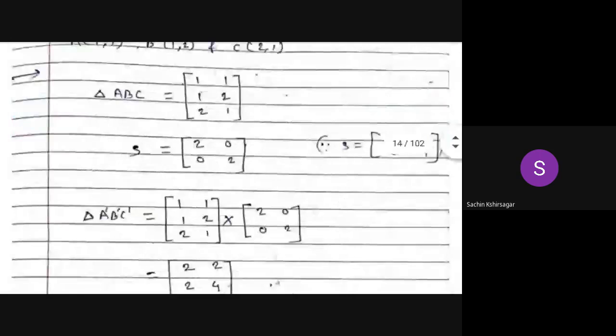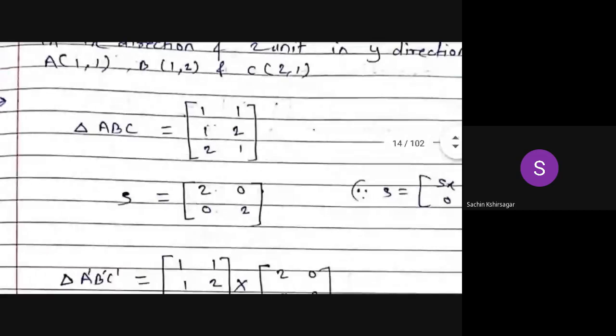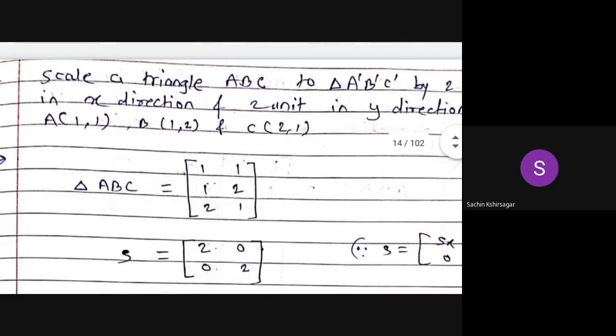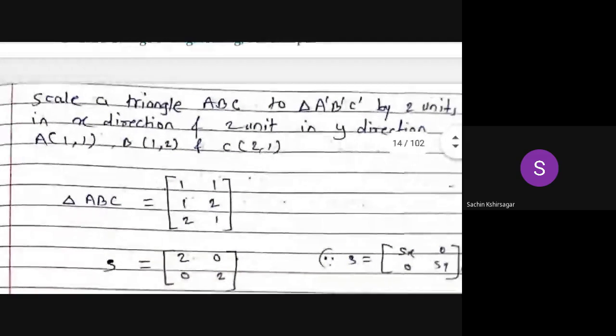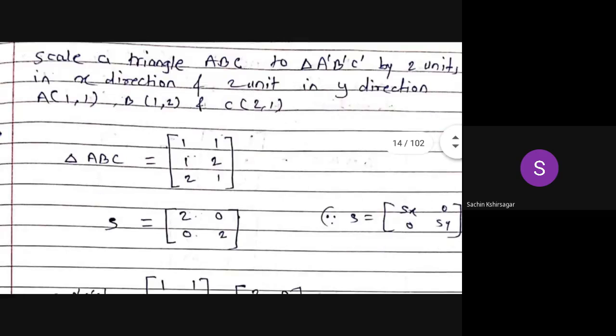Now what is the scaling factor here? Sx is given as 2 and Sy is also 2, because in the problem it is 2 units in the x direction and 2 units in the y direction. Very simple. Our problem is defined here. Now only multiplication is left.